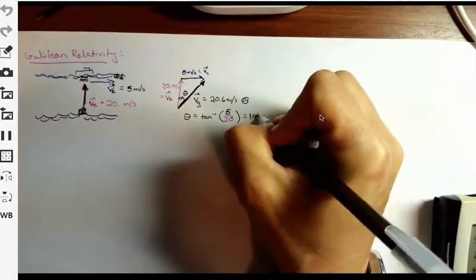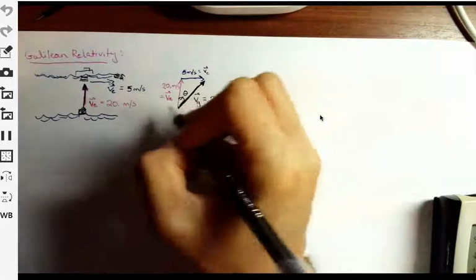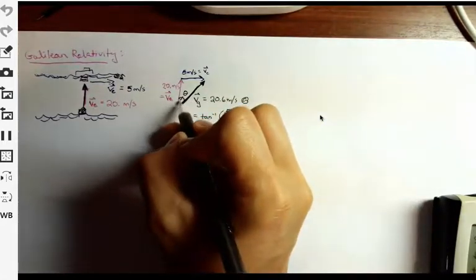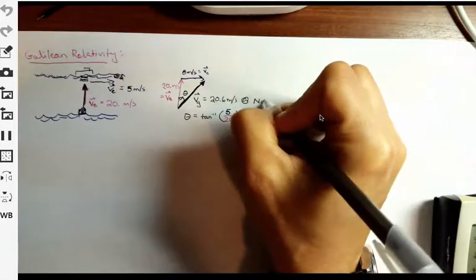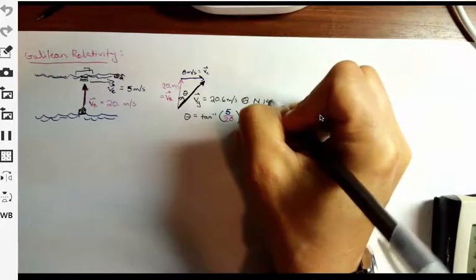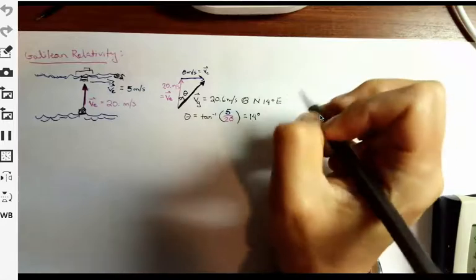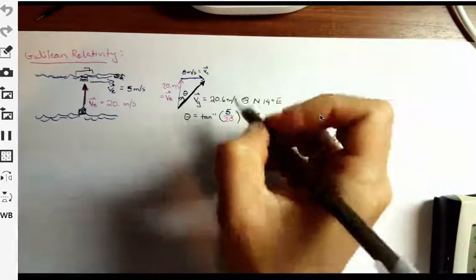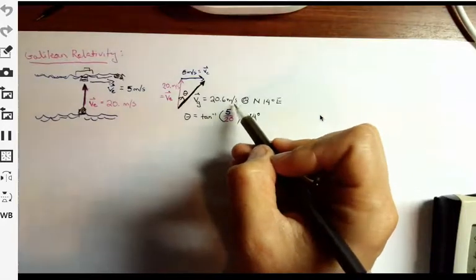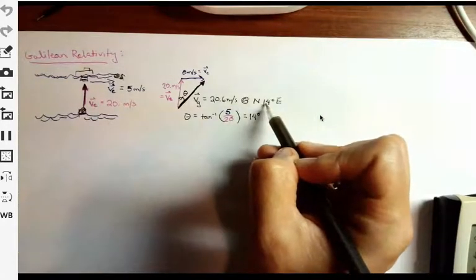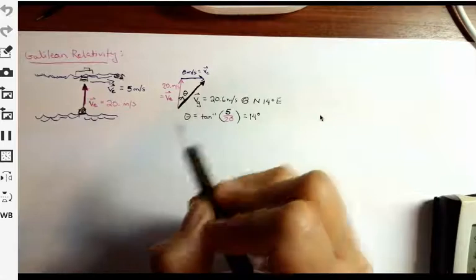So our ground velocity, check, this is not east, this is north. This theta is touching a pink north, so that's going to be north, 14 degrees towards the east. That is your final bearing. You are going to be swept downstream by 14 degrees all the way across.